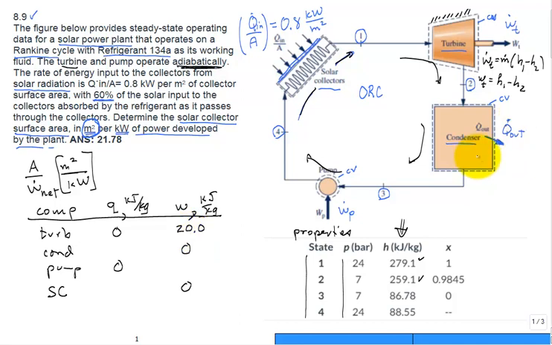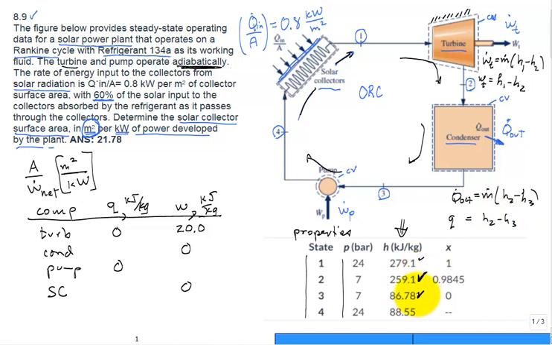Go to the condenser. Let me do it slowly here. Q dot out is equal to the mass flow rate going through the condenser, and it comes in at high enthalpy and goes out at low enthalpy. And so the lowercase q for the condenser is equal to h2 minus h3. We're given the h2.